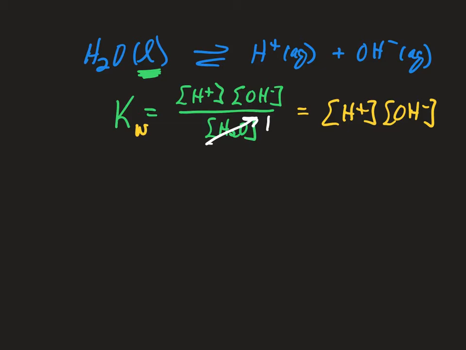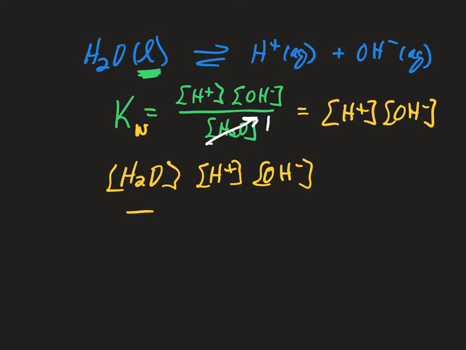And if we do this as a quick ice table, you have water as your reactant, you have hydrogen ions, you have hydroxide ions, concentrations. It's pure, so we're not worried about that initially. Initially, we have no hydrogen ion, no hydroxide ion.